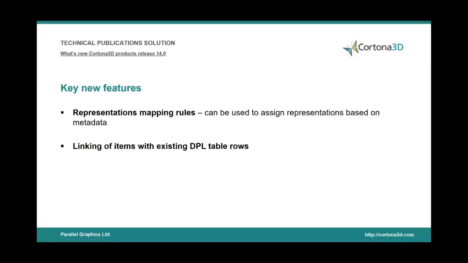Rapid configuration allows you to specify which common metadata should be used for matching. Typically, this is part number, and also select whether hierarchy of the DPL table should be taken into account.